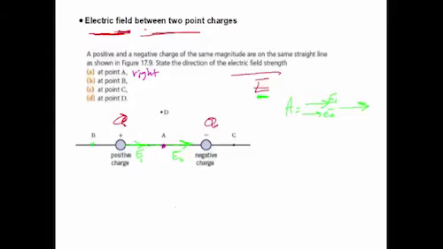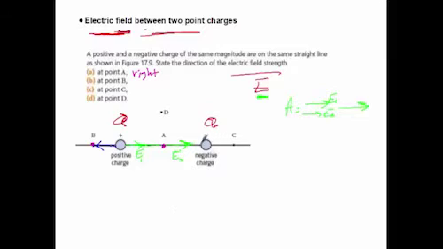Let's take point B. Here, point B. For point B, this is the nearest charge, which is positive. What about the effect of this negative charge on B? It's very far.